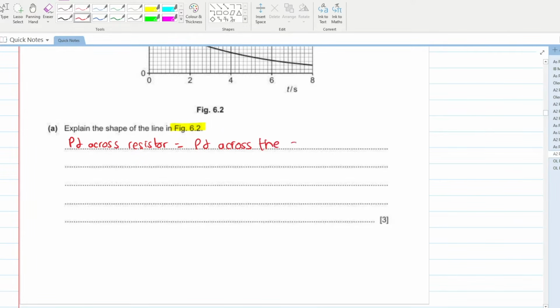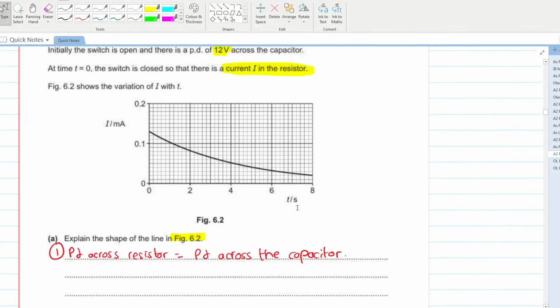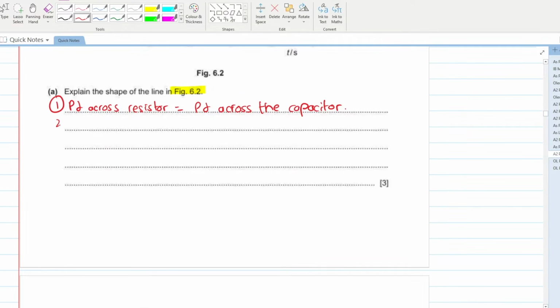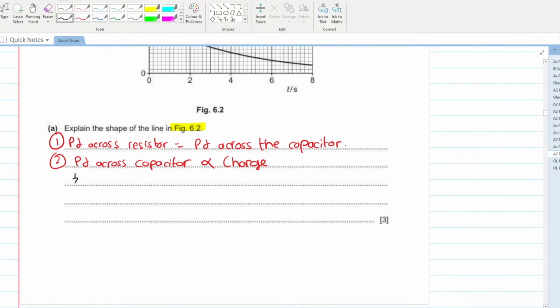Okay, the potential difference across the capacitor is equal to the potential difference across the resistor. Then we will say that the potential difference across the capacitor is directly proportional to the charge. And as the potential difference across the capacitor decreases, the charge in the circuit will decrease.